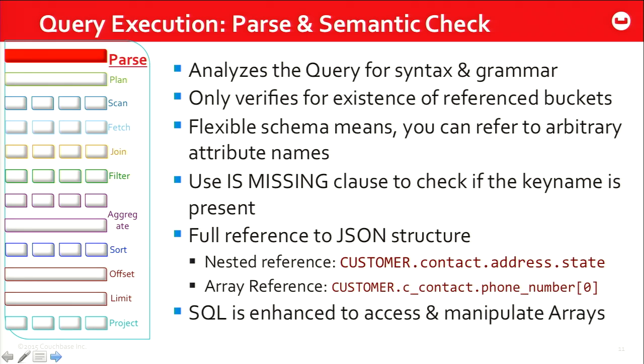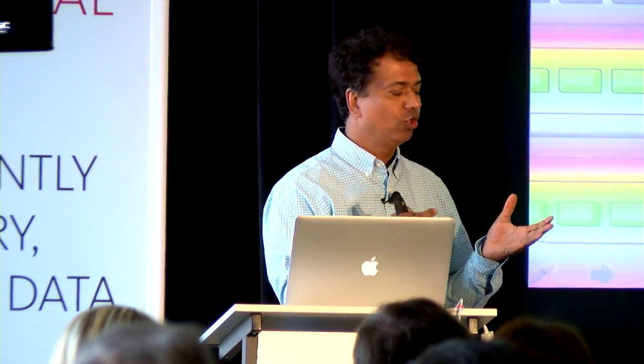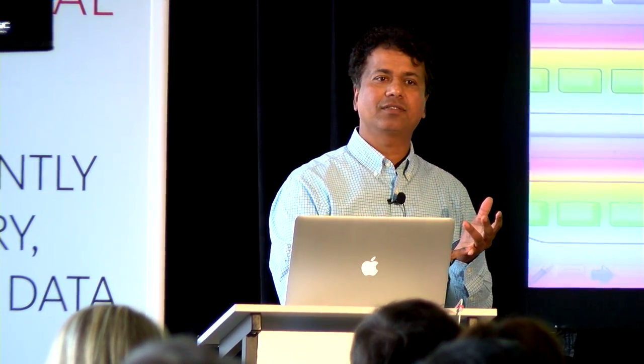The third interesting thing is, since you don't define the schema, there are no missing columns or column not found errors in N1QL. So you have to be responsible. You have to verify that you are referencing the right attribute name. If you make a spelling mistake, we'll just project null. No column not found error, no type mismatch error.